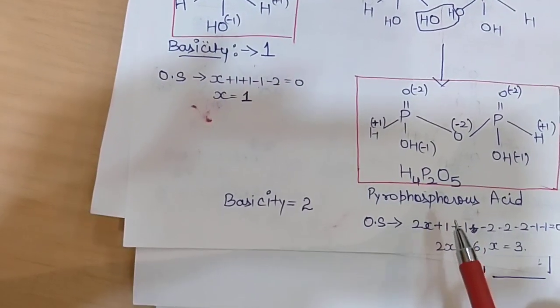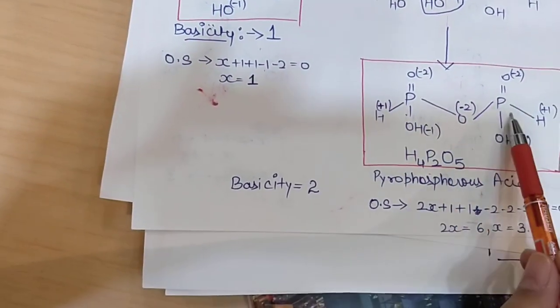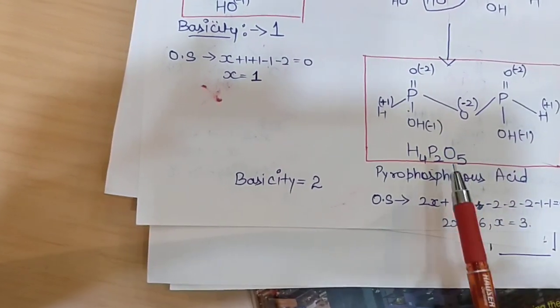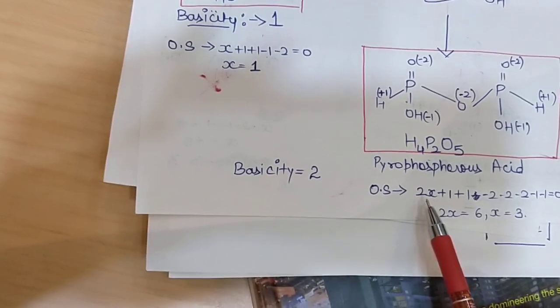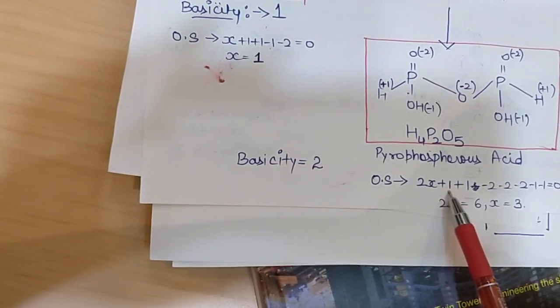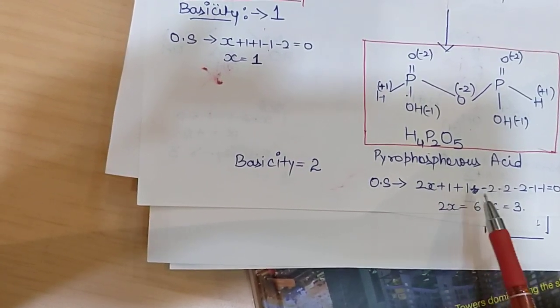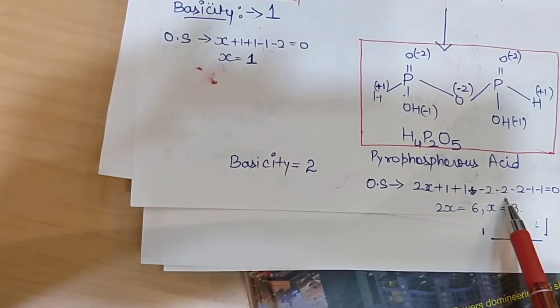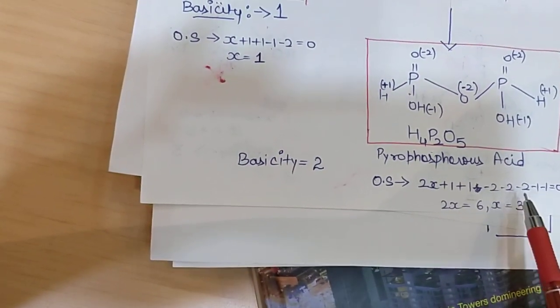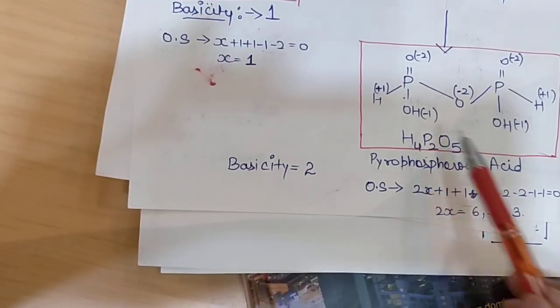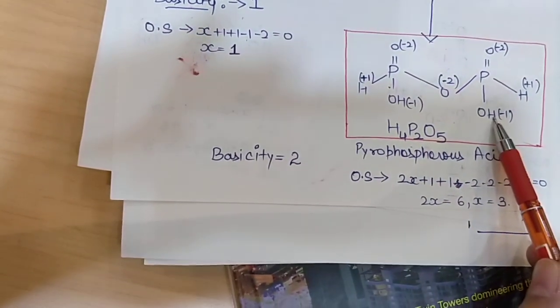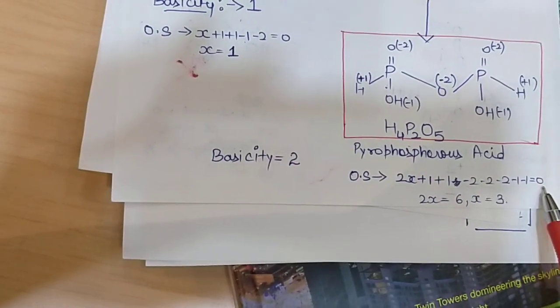Now we want to calculate the oxidation state. As two phosphorus are present, we'll keep it as 2x, plus 1 for hydrogen, plus 1 for the other hydrogen, minus 2 for oxygen, minus 2 for oxygen, minus 2 for the third oxygen which is present as bridge, minus 1 for this OH, minus 1 for this OH, and we'll equate it to 0.